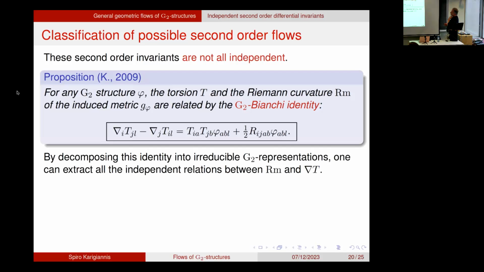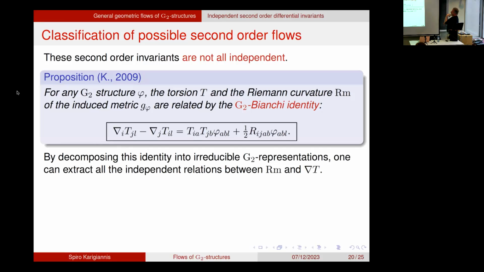So if you look at this, it's skew in I and J, and then there's no symmetry with L. So it lives in wedge 2 of T star M tensor T star M. And you can decompose that space into irreducible G2 representations. So you can show that this identity decomposes into independent relations between curvature and nabla T. And it turns out to be 7 independent pieces.